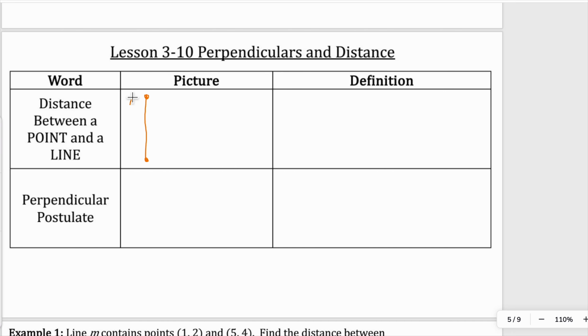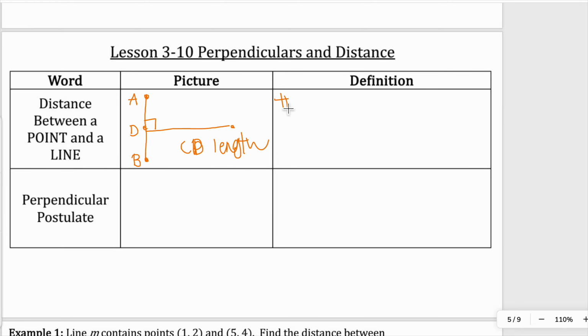So just think about this as one straight line. And then point C will be out here, and we're also going to mark this with a right angle. Okay, so today we're going to be focusing on how to find the length of CD or something similar.